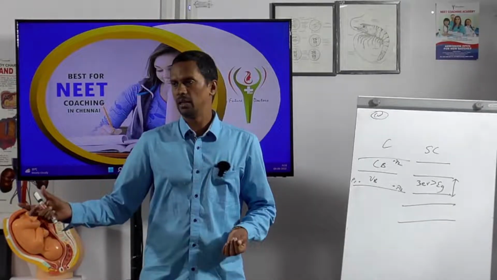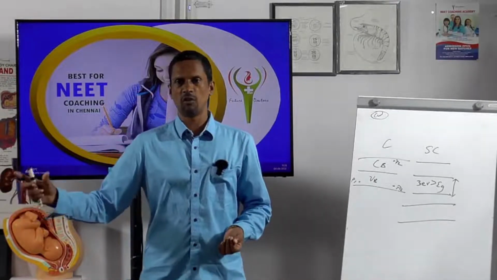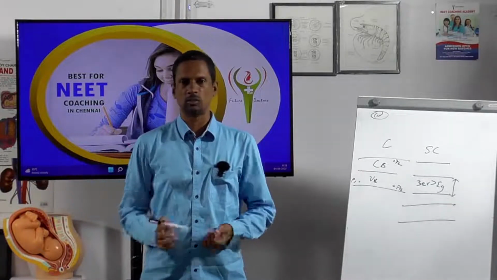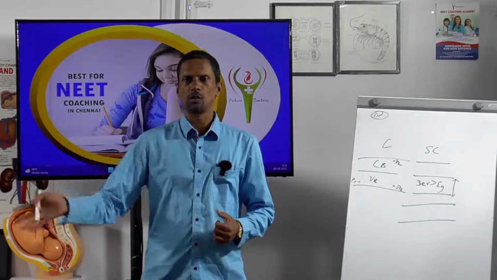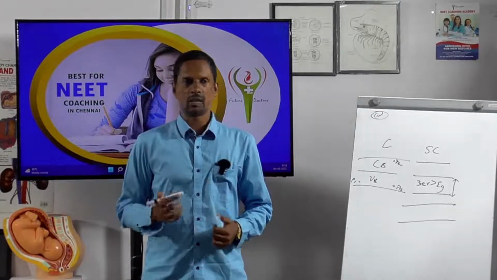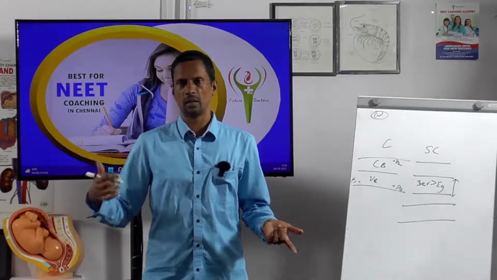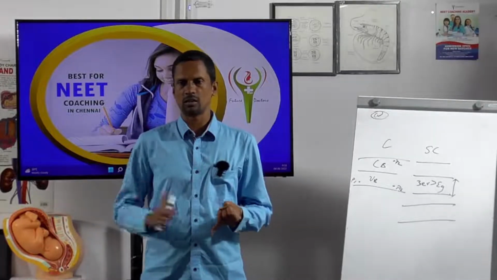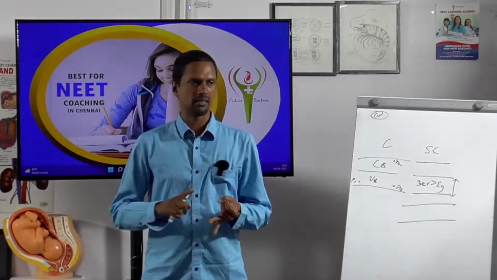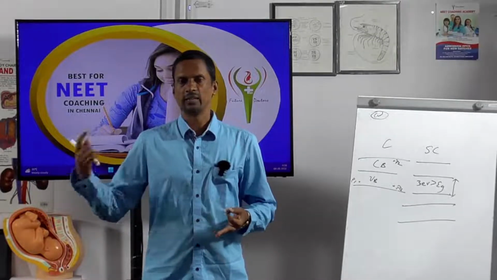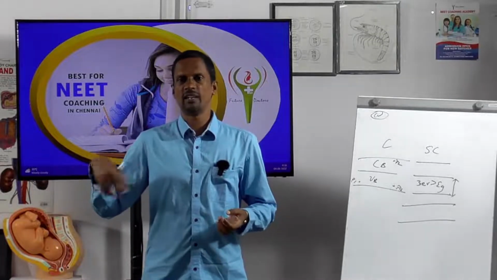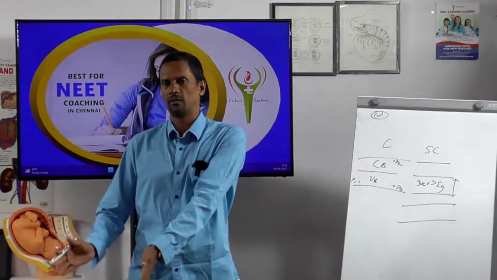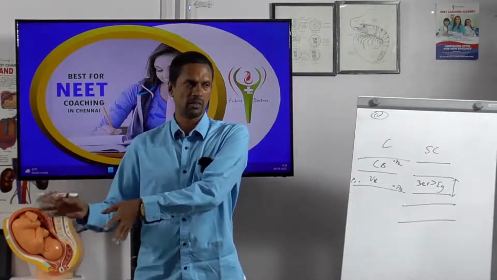For example, if a mobile phone costs 10,000 rupees, the manufacturing cost is not more than 1,000 rupees. Then you have to pay 1,000 rupees tax to the state government and central government, then 1,000 rupees for industrial purpose and labor, etc. So I spend 5,000 rupees for the smartphone.